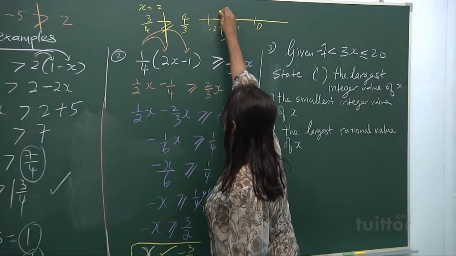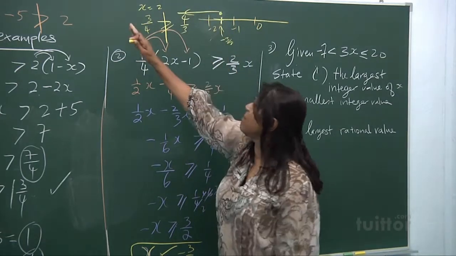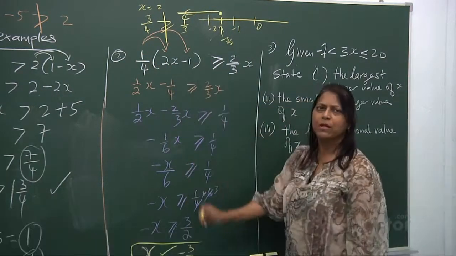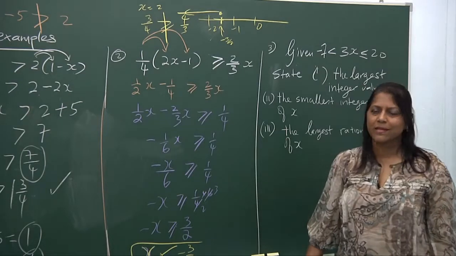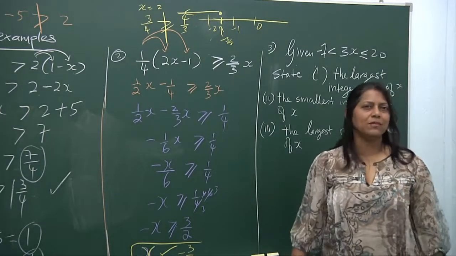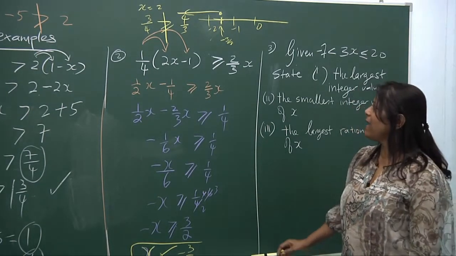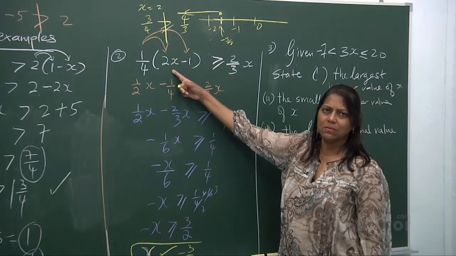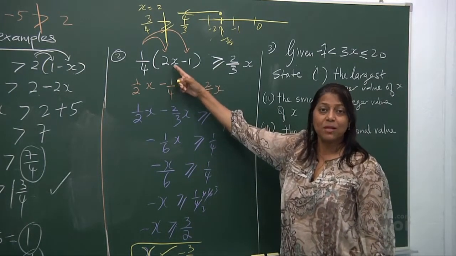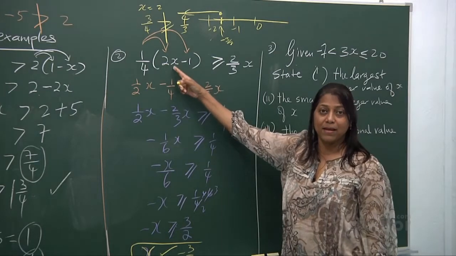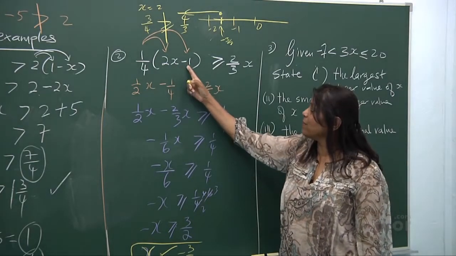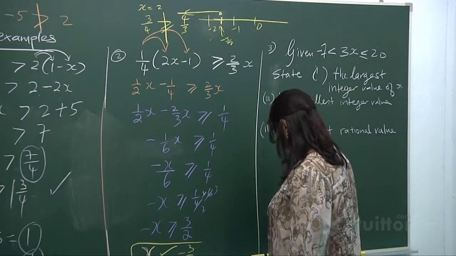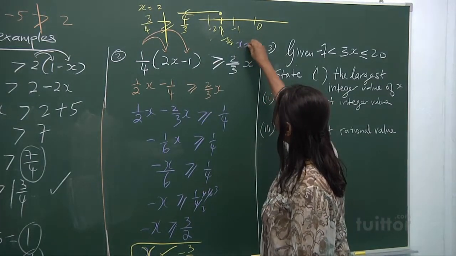From this point onwards, any number that you fit into the equation will satisfy it. Let's take x as minus 2. What do you get here? 2 times minus 2 gives minus 4. I'm taking x to be minus 2.